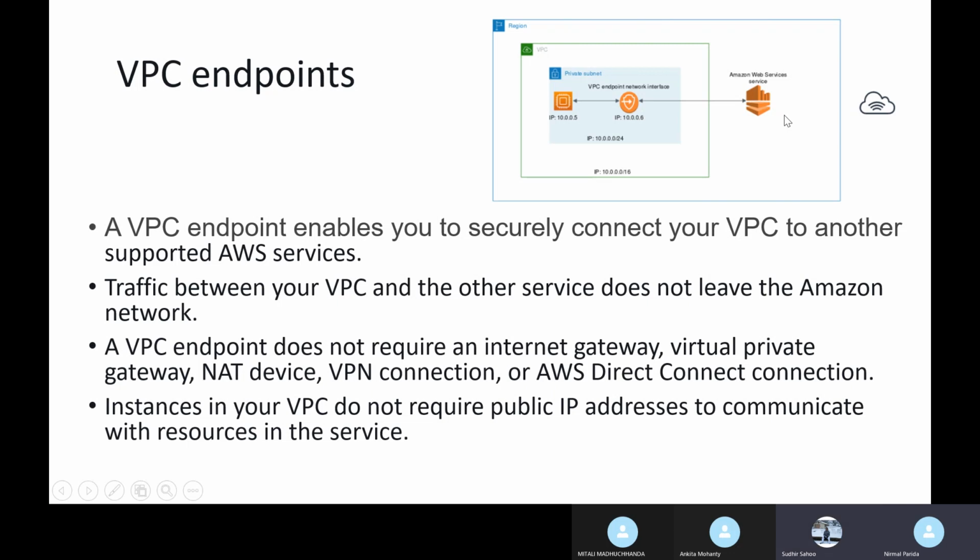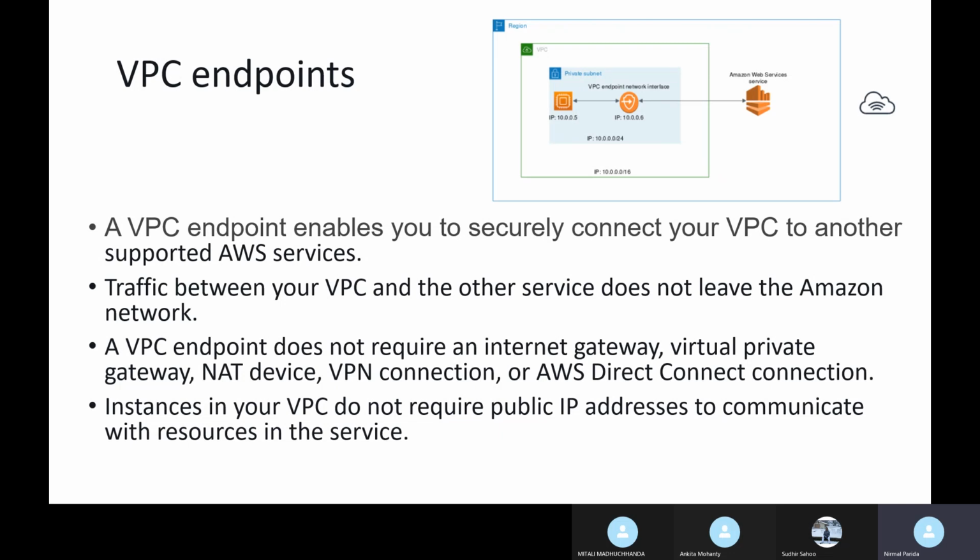Other AWS services means maybe your S3, maybe your Lambda function, maybe SQS, SNS, many services are there. So how will your private EC2 instance connect? Because your instance doesn't have any internet connection. If you go through your NAT, that will be a somewhat complicated way. Yeah, that is possible, but your connection will be slow.